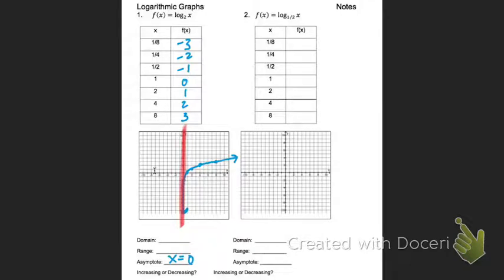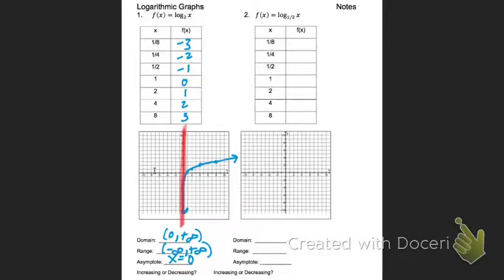The domain: in the last part of the section, the domain was always all real. Now the range will always be negative infinity to positive infinity. And my domain will be what to what? Domain would be 0 to infinity. So it switches. It's just the opposite.